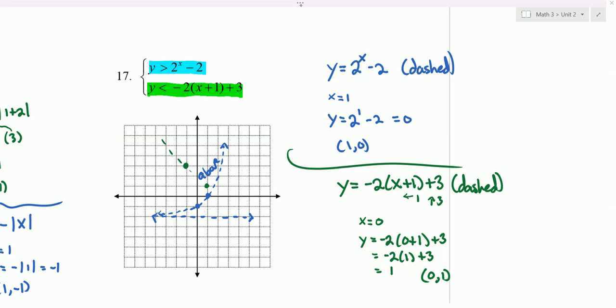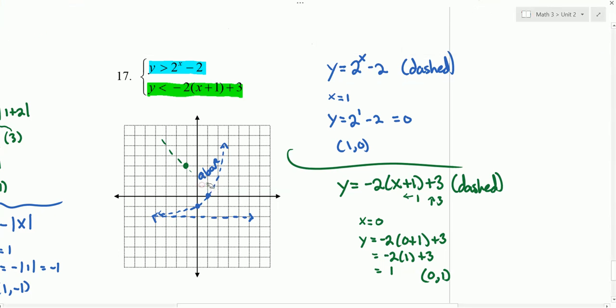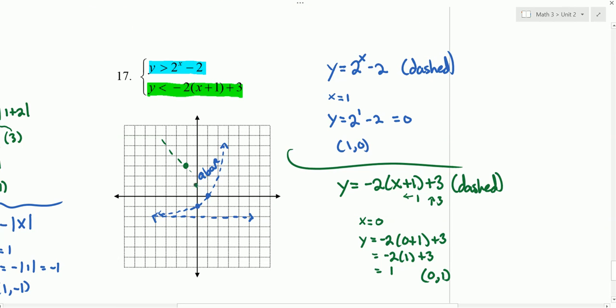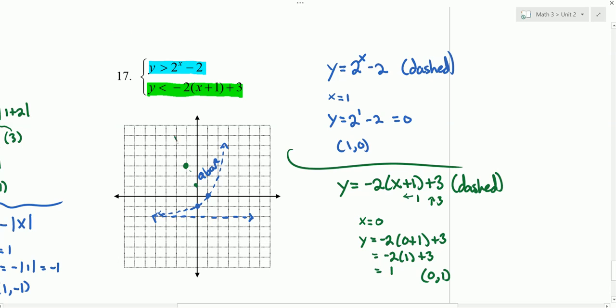And let me stop here because I graphed that point wrong. It should be at 0, 1, not 1, 1. There we go. Draw a dashed line through those 2 points. And we are going to shade below that line.